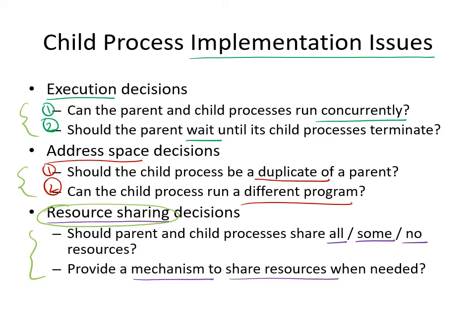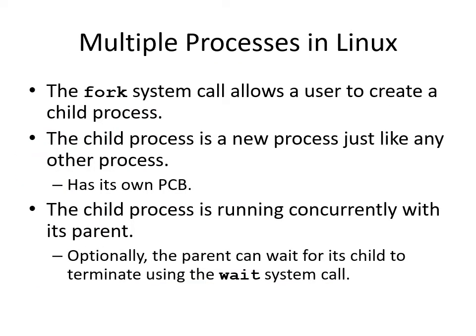Alright, so in this video we will see what choices Linux based operating systems make with respect to these three key decisions. In the Linux operating system, fork system calls are used for creating new child processes.